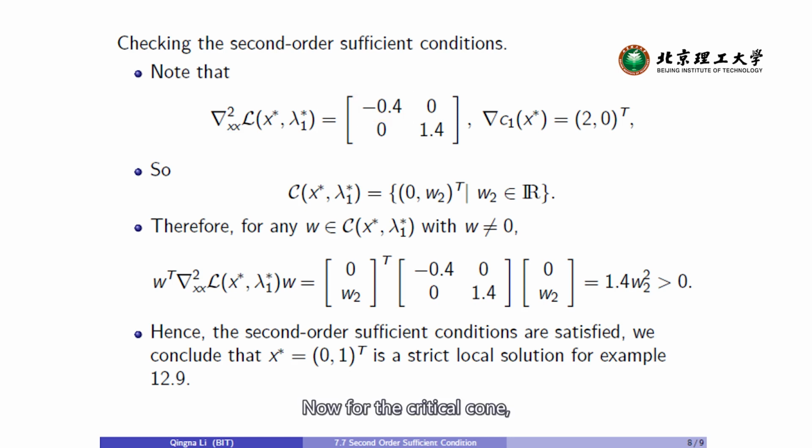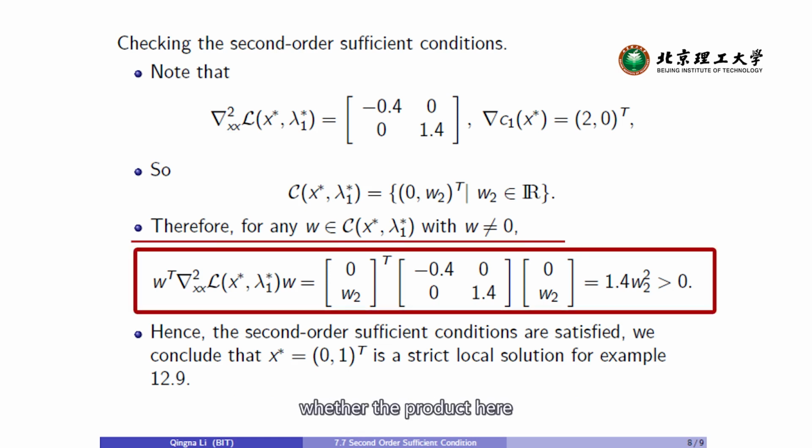Now, for the critical cone, the first component is 0, and the second one is free: omega 2 is in R, so it is free. Now let's check whether the second-order sufficient condition holds. We need to check for each direction omega in the critical cone whether the product here is strictly positive.